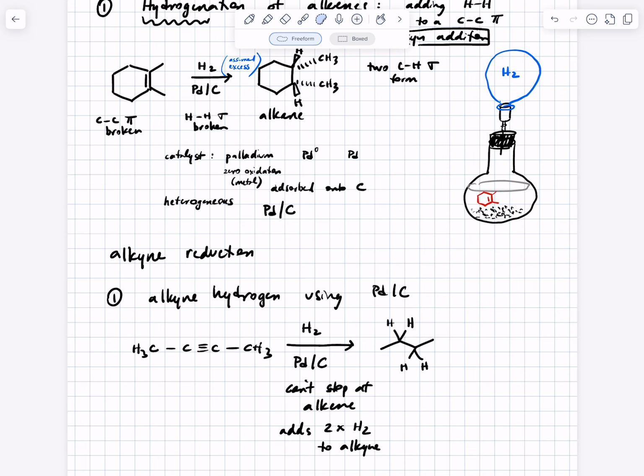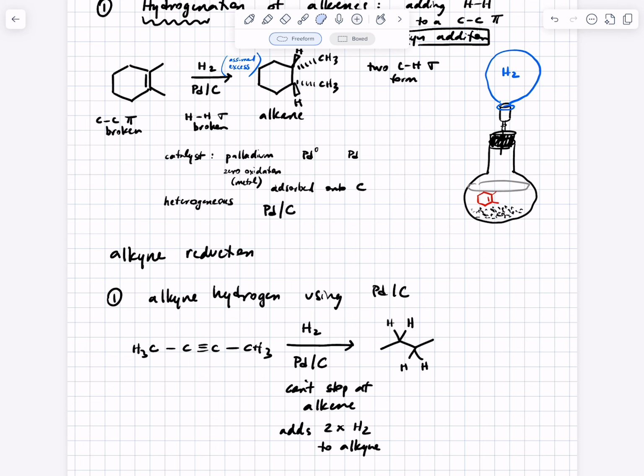And then you also worry about getting a mixture of products, because as soon as you form some alkene, the alkene you form is going to go on and react with the remaining hydrogen, and so you'd likely get a mixture of products. Yes? If you're using palladium, will the reduction always go to an alkane? If you're using hydrogen with palladium on carbon, yes, the reduction will always go to an alkane.